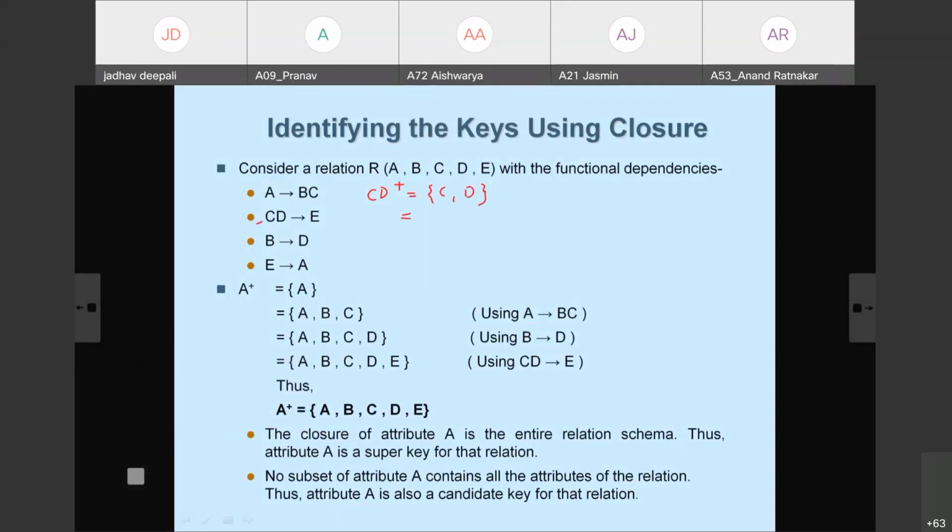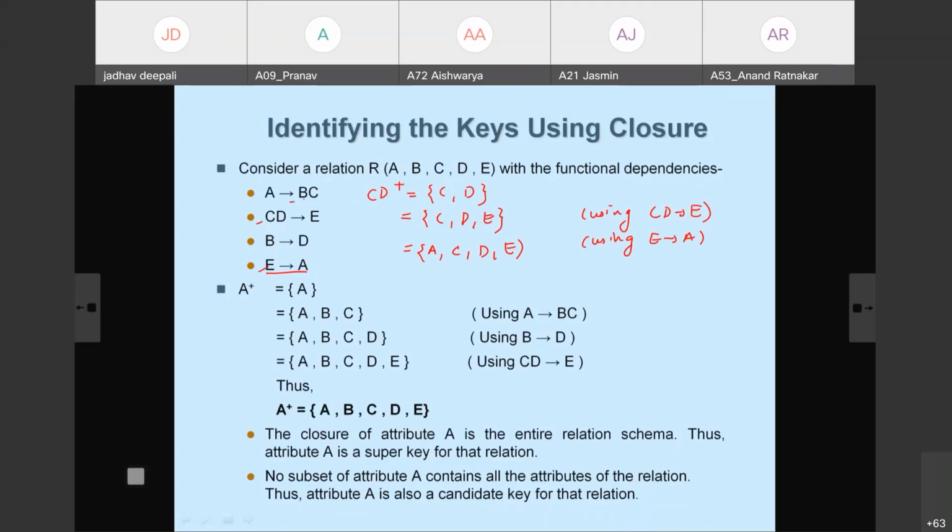Now using the second functional dependency, CD tends to E, E comes into the result, CDE. Now using this last functional dependency, E tends to A, A comes into the result. I write here in the sequence A, C, D, E, and CD, this one we have seen.